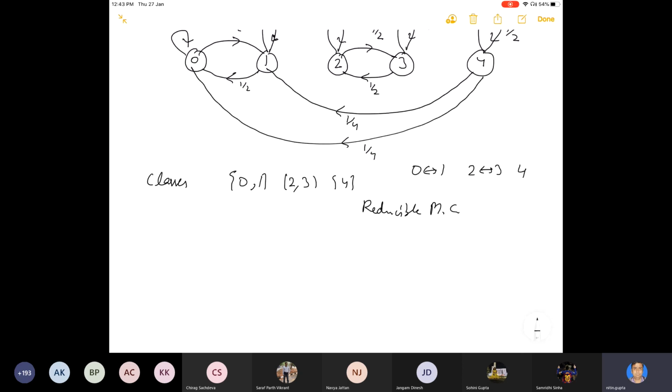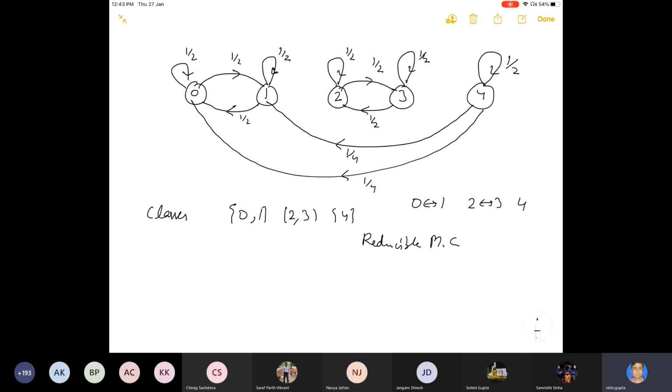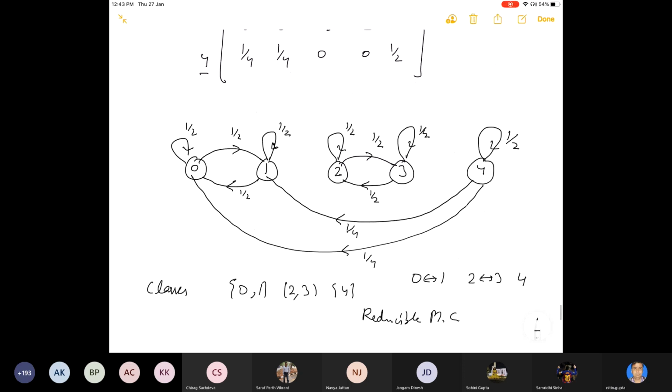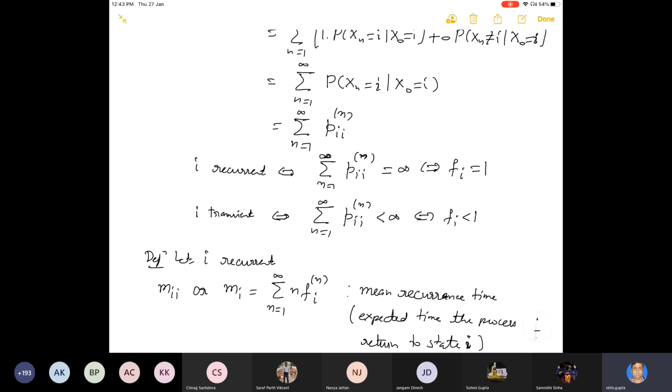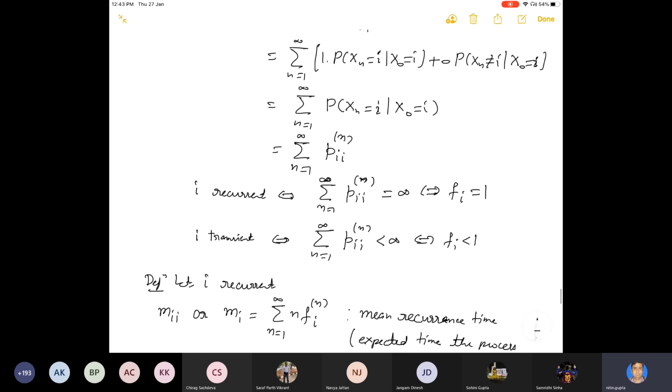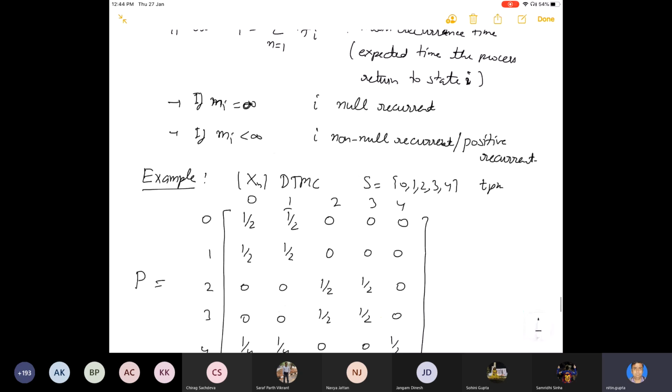After that, by the diagram itself, because recurrent means that you will visit a state infinitely often. That's why we have written this infinite, because you will visit the state infinitely often. Return to state i is certain, starting from state i.